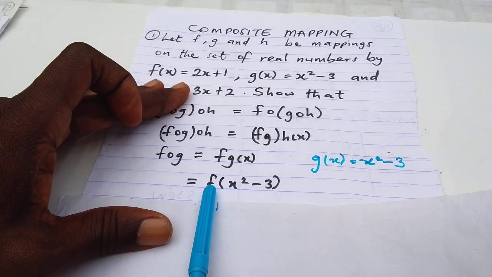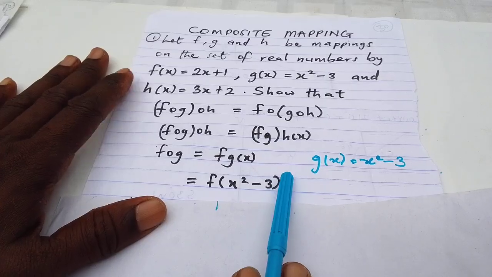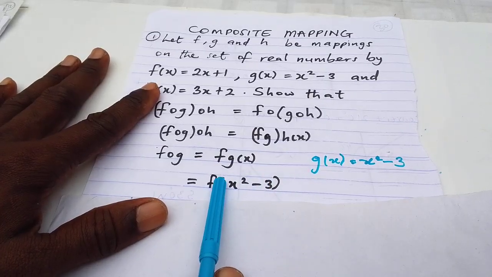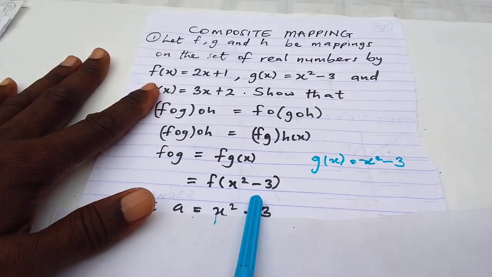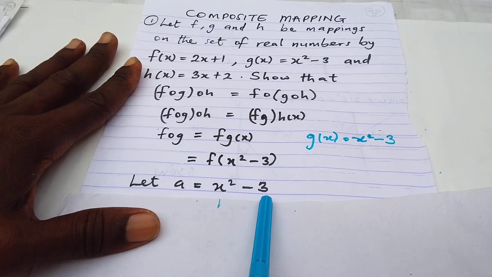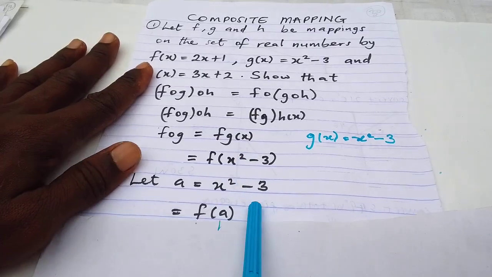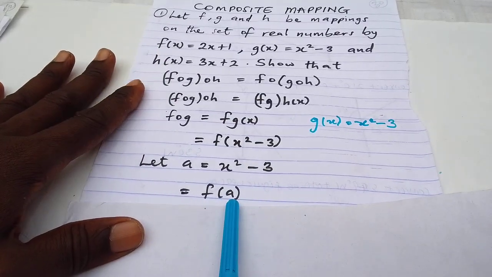So that means f will now be of x squared minus 3. So now you can use this x squared minus 3 to represent a. So let a be equal to x squared minus 3. So in place of x squared minus 3, you are going to put a. So f of a is.